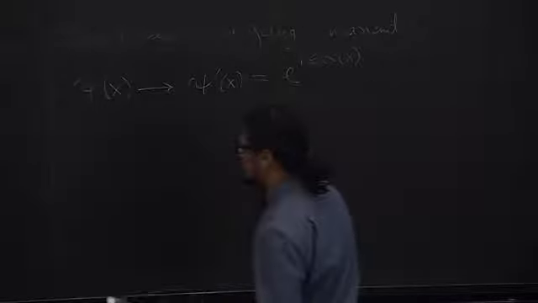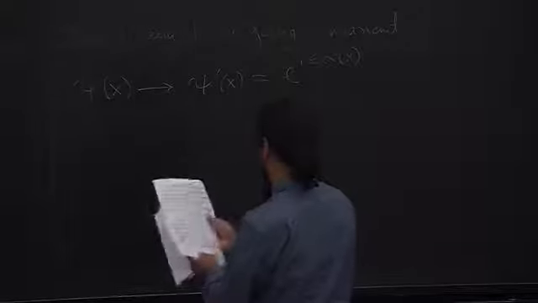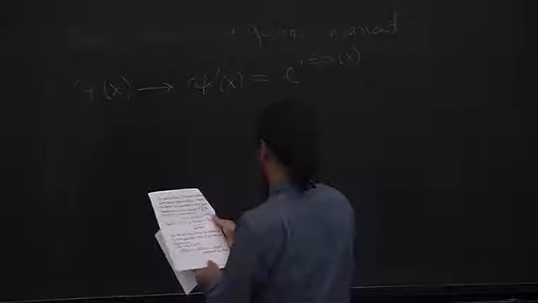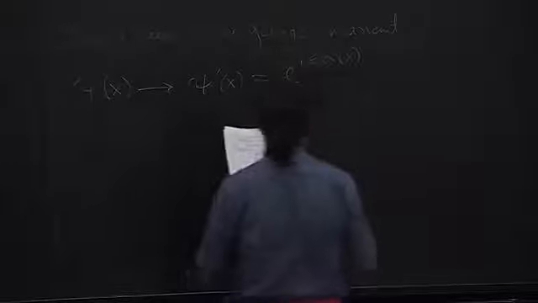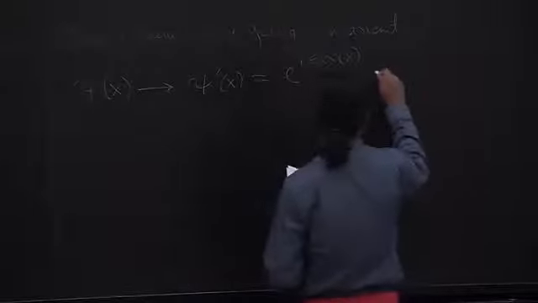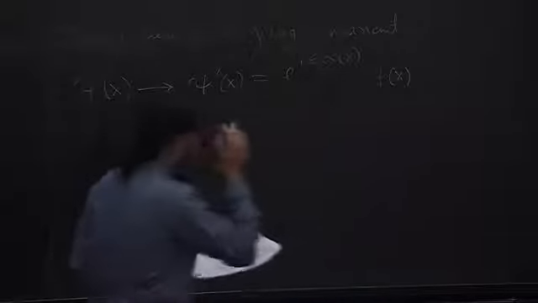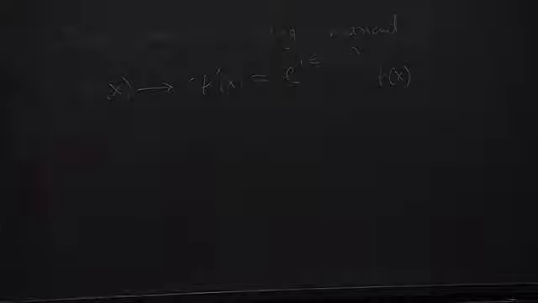I had a plus sign here, and I have a minus sign here. I think there should probably be a plus sign. Let's keep a plus sign. And so now the phase factor is no longer a constant.